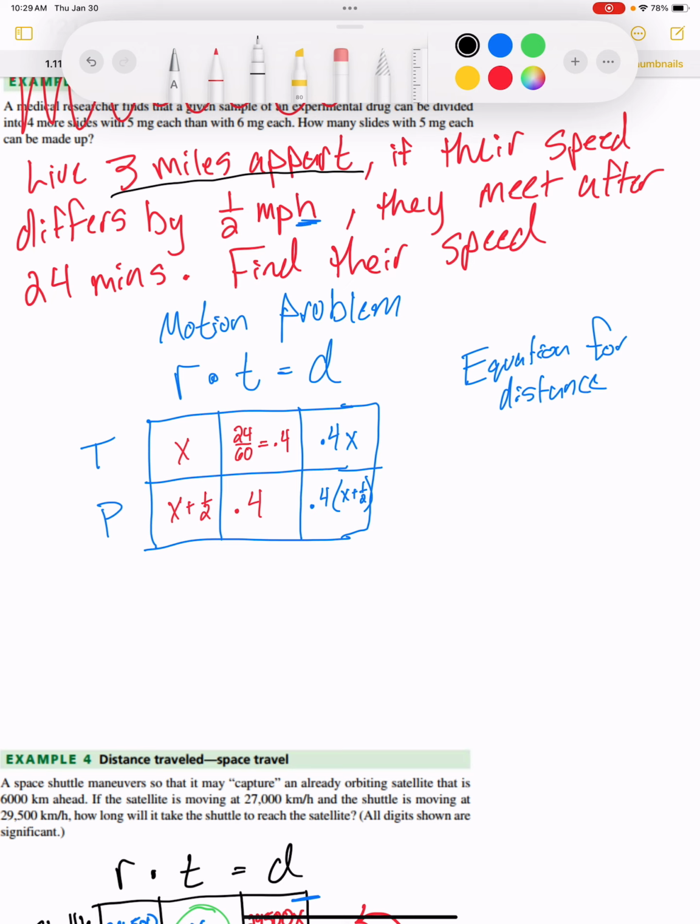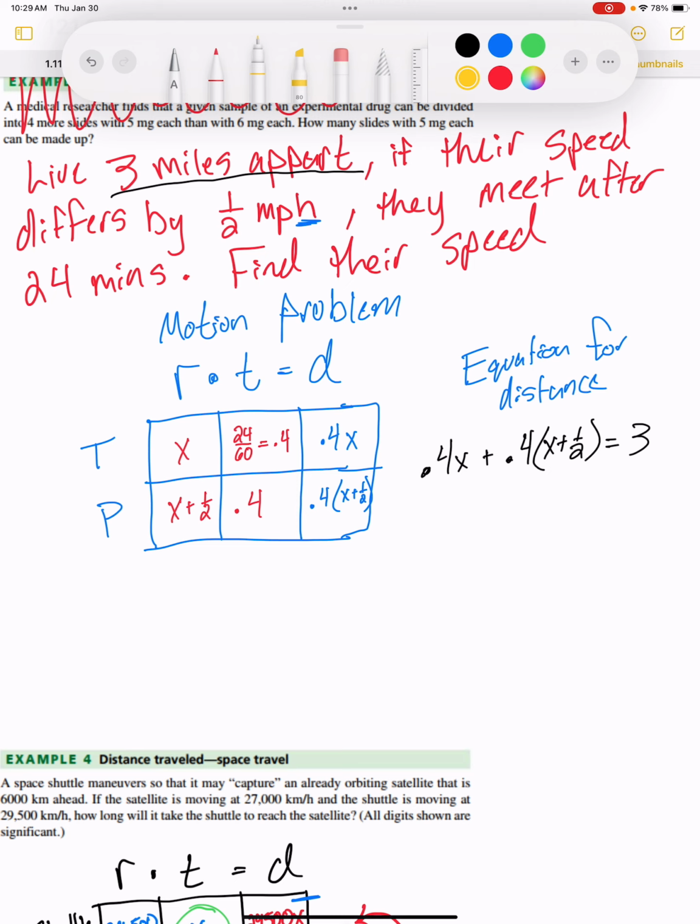And if I add one person's walking distance to the other person's walking distance when they meet, then that must be 3 miles. So that's what we're about to do. So 0.4x plus 0.4 times x plus 1/2 equals 3. And now we just simplify this a little further.